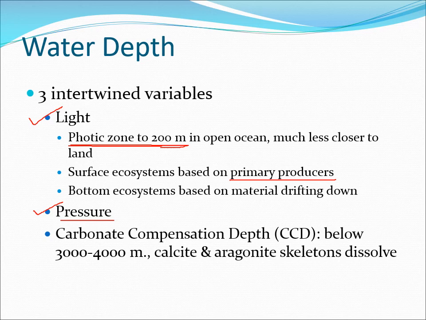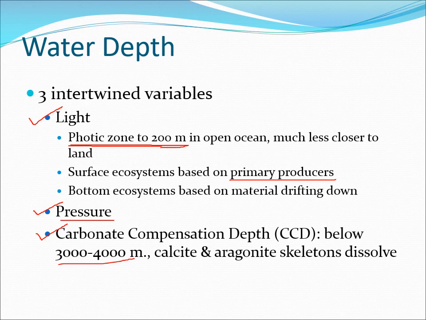The next important factor that varies with water depth is the carbon compensation depth, or carbonate compensation depth. It is the depth, about 3000 to 4000 meters, below which no carbonate is there. That means all the carbonates are completely dissolved at this depth.